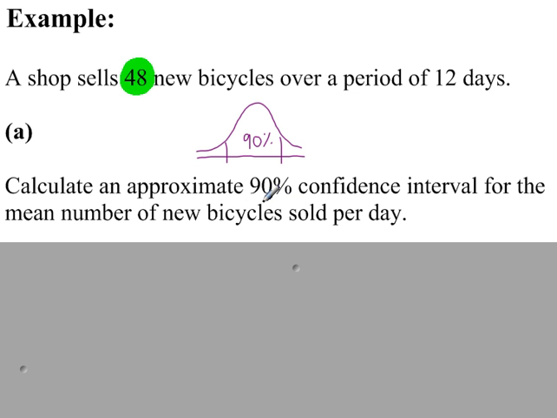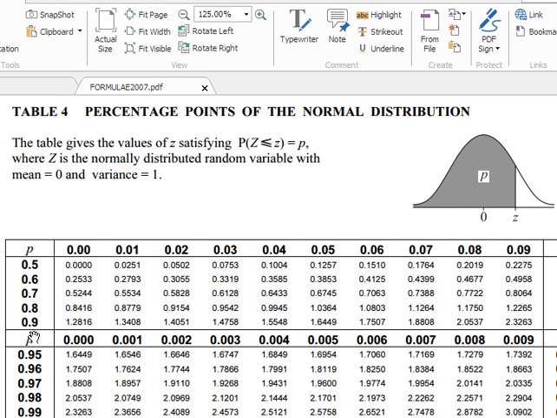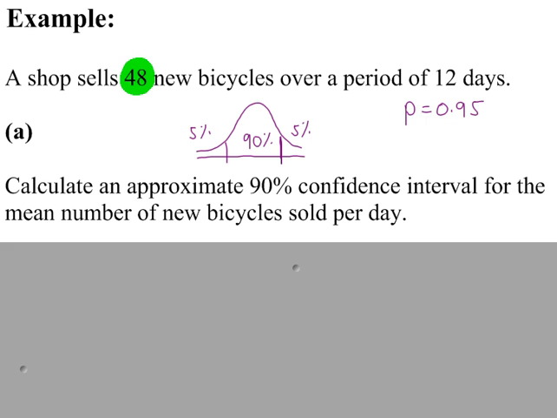For a 90% confidence interval, we put 90% in the center of the normal distribution, with 5% in each tail. The cumulative probability to the left of this line is 95%. So we look up p equals 0.95 from the tables, and we get a z value of 1.6449.